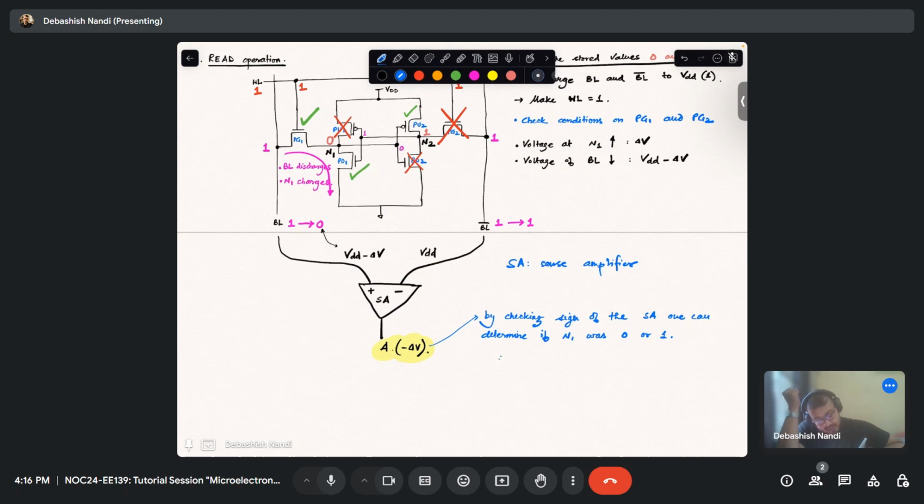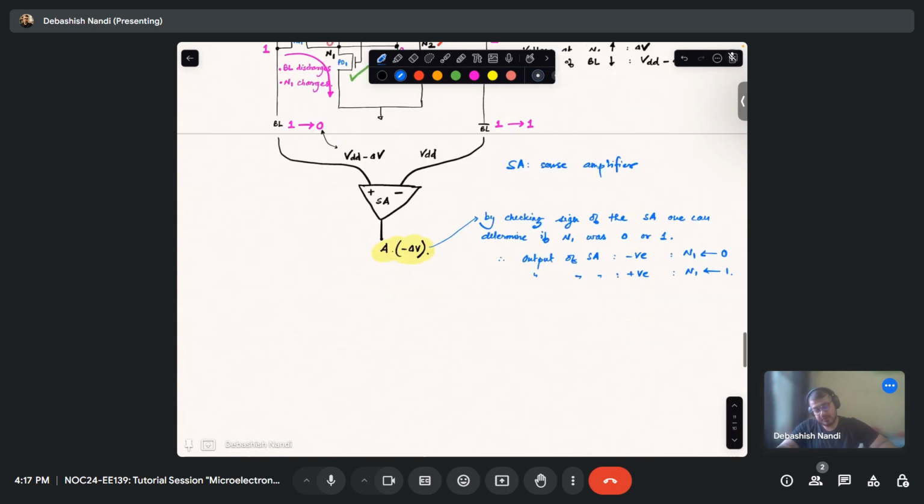For example, if output of SA is negative, N1 was storing 0, and output of SA is positive, the way we discussed, N1 was storing 1. Okay, so that is how you read what is stored in the SRAM cell. Fine.